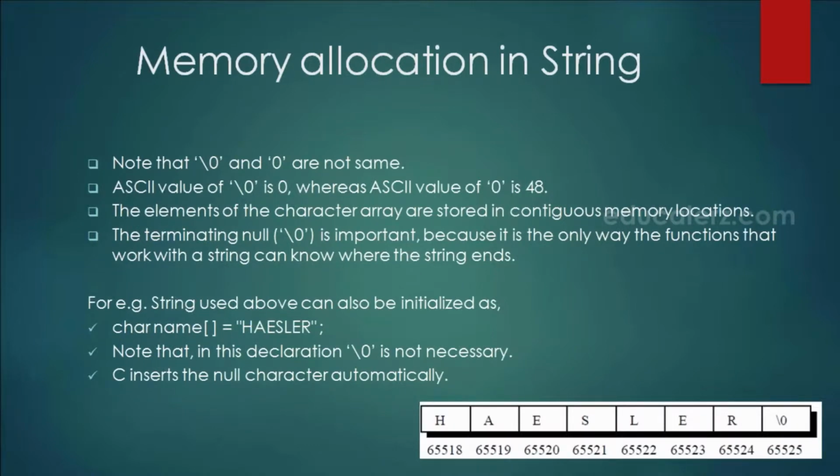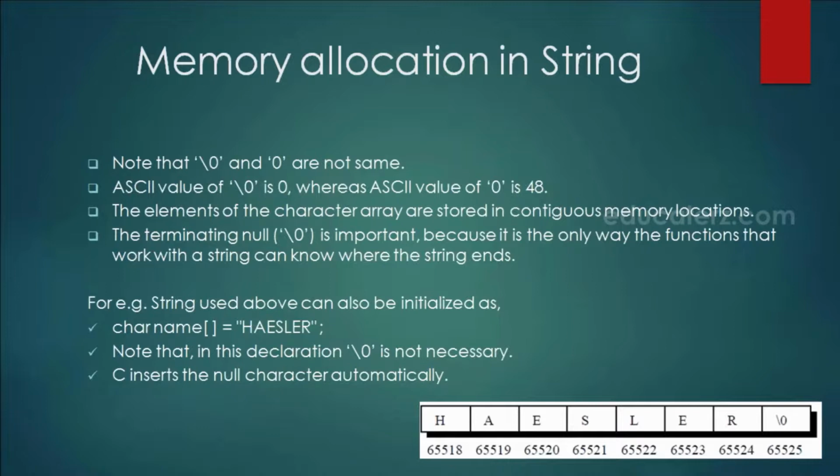Now this null character is not the same as 0. The ASCII value of the null character is 0, whereas the ASCII value of 0 is 48. The elements of the character array are stored in continuous memory locations because this is again an array.